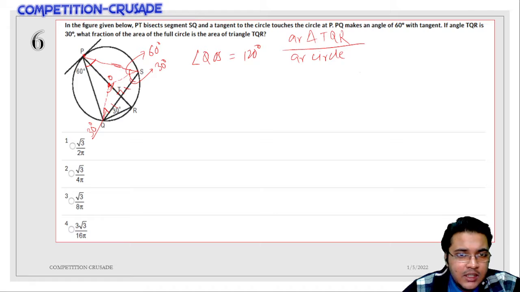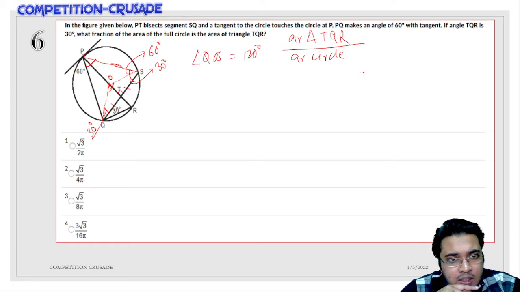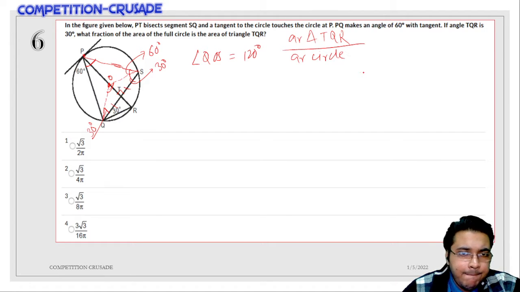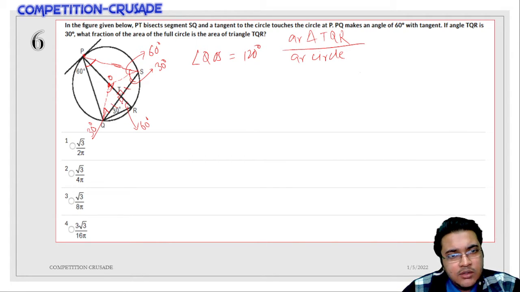Now if I look into triangle OQT and triangle TQR, a lot of similarities there. This is 30 degree, this is 60 degree, this is also 60 degrees, this is 90 degree, of course. So I know that these two triangles are similar.